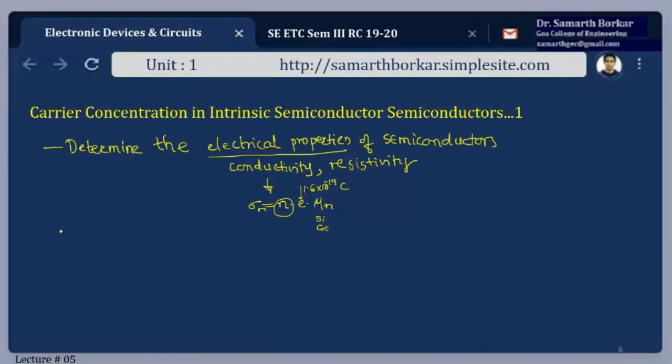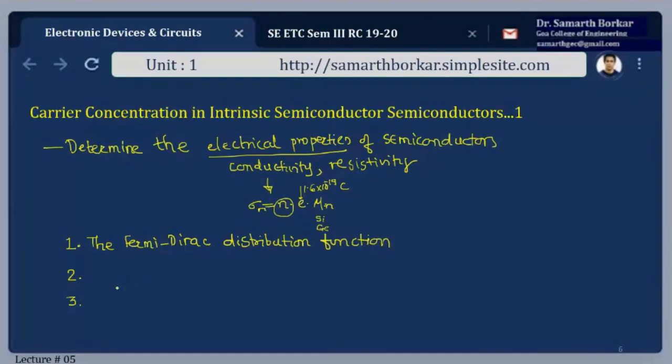To understand it fully, we need to understand three things. Side by side you can also note down these. One, two, and three. The first thing is the Fermi-Dirac distribution function.